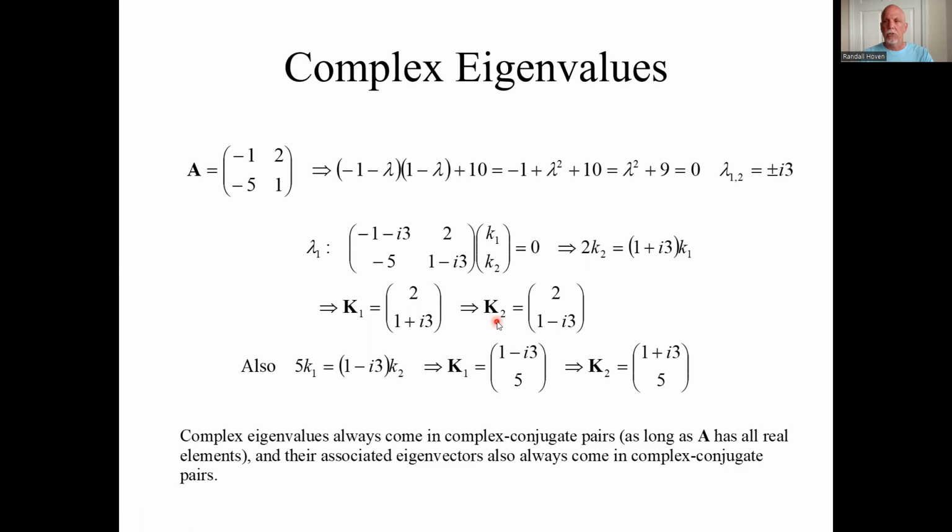And then K2, the other eigenvector, will just be this guy's complex conjugate. If I'd used the bottom row in my little time-saving trick, I'd have this guy on the right on top, and this guy's negative on the bottom. So even though these two different sets of answers look different, they're the same.